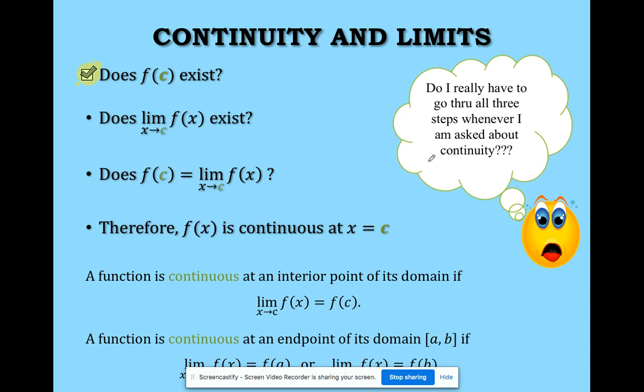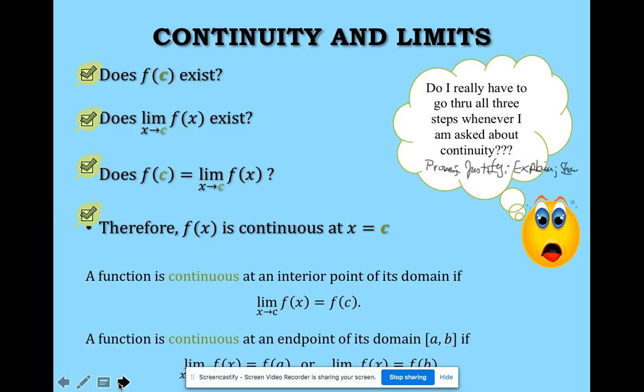Yes, you do if you see the word prove, justify, explain, or show. You see those words, you need to go through and tell me you looked at the function value, you looked at the limit, you looked to see if those 2 values were equal, and you made a conclusion. Don't forget to make a conclusion.